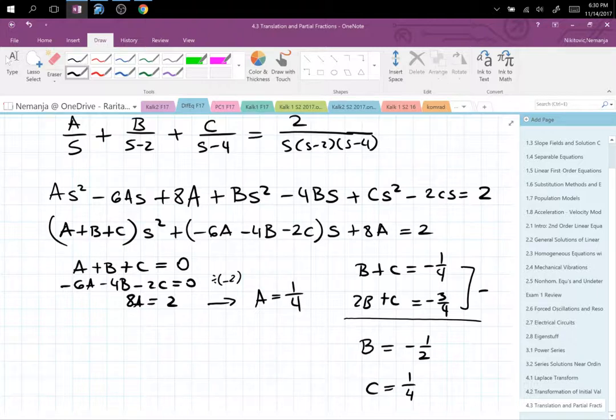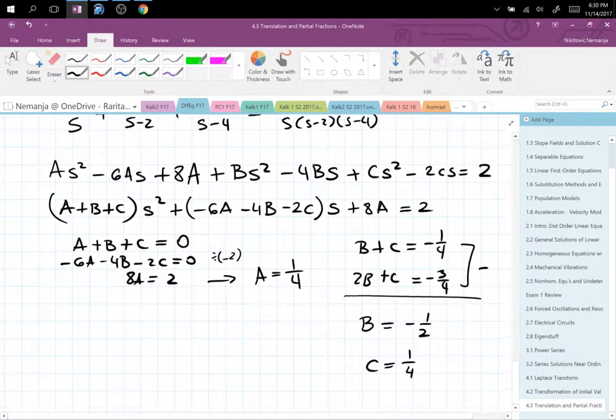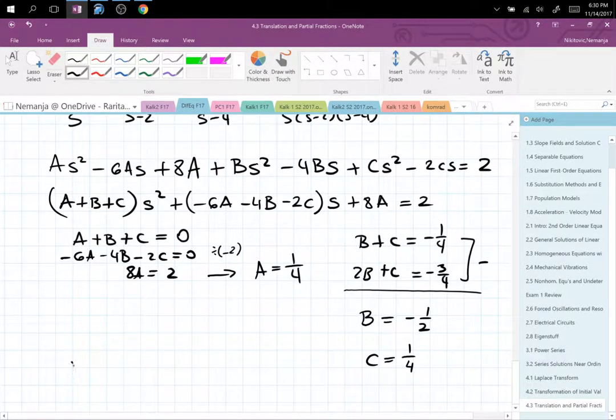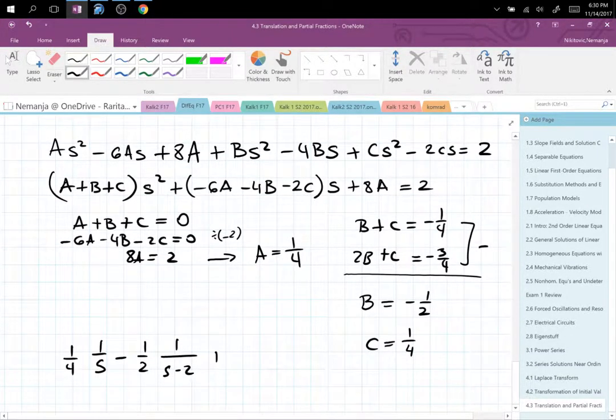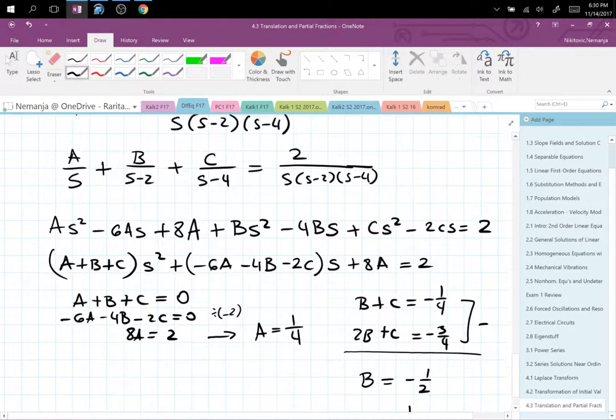It takes time. Alright, so we have 1/4 times 1 over s minus 1/2 times 1 over s minus 2, and then plus 1/4 1 over s minus 4.